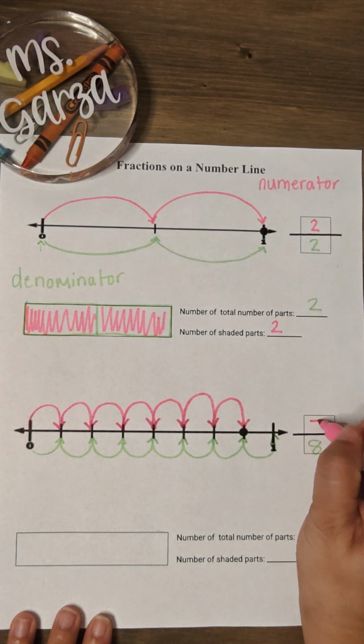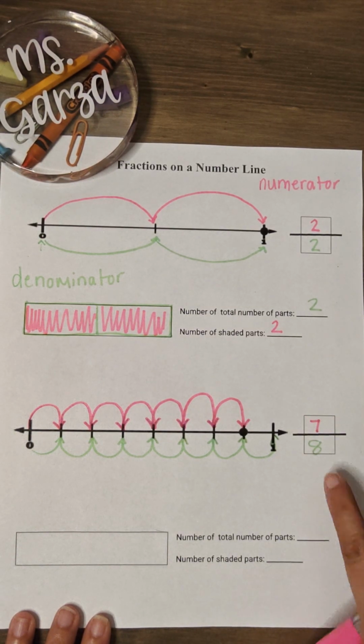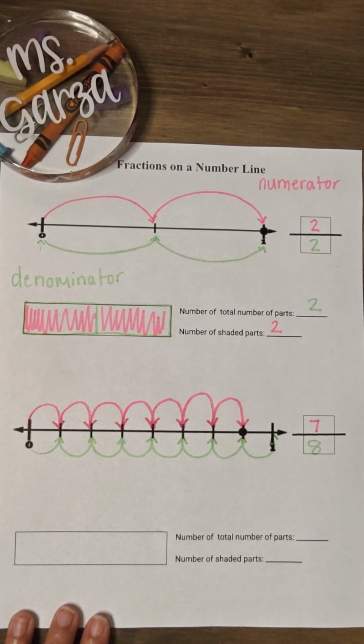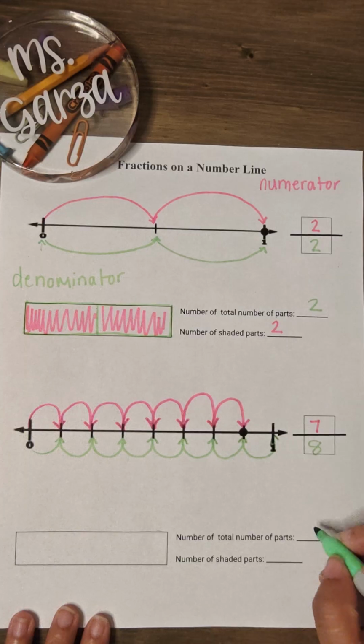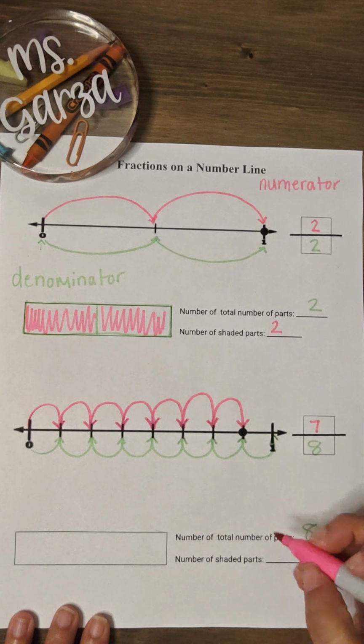So we're going to put the 7 right there. Our total amount of parts is 8. So we're going to put the number 8 here because it's the total number of parts. And the total number of parts that will have to be shaded are 7.